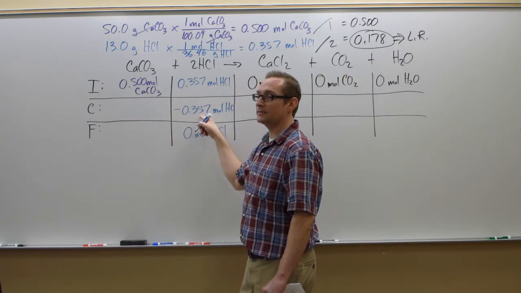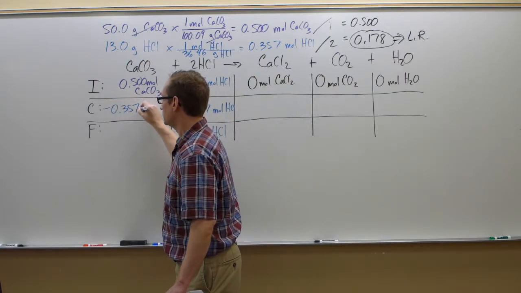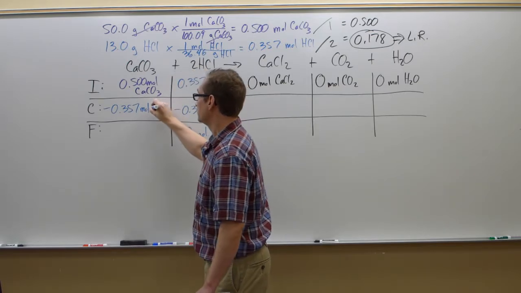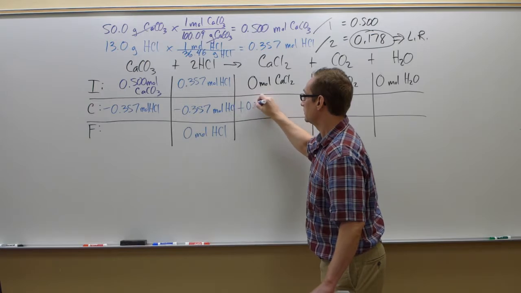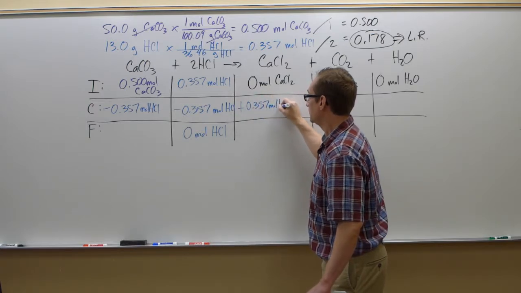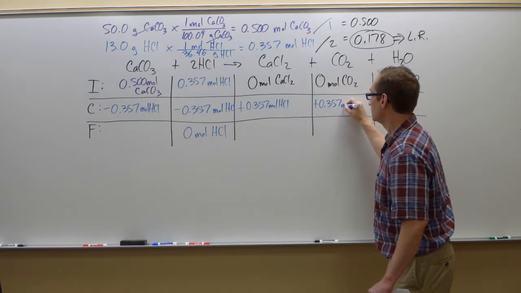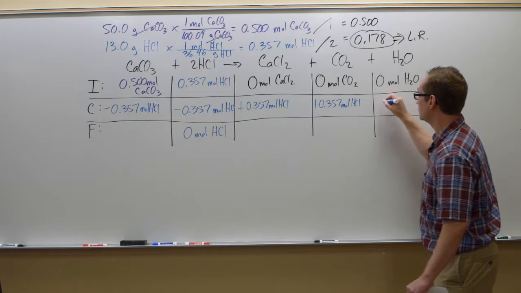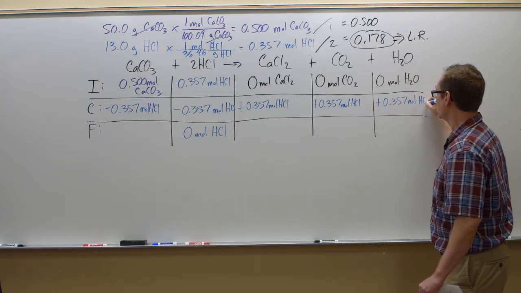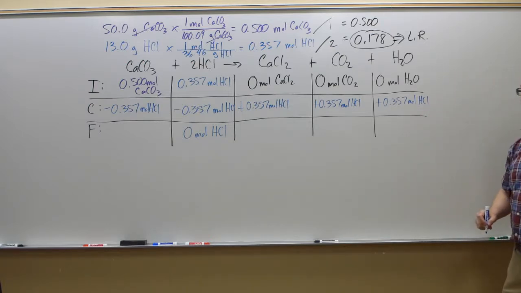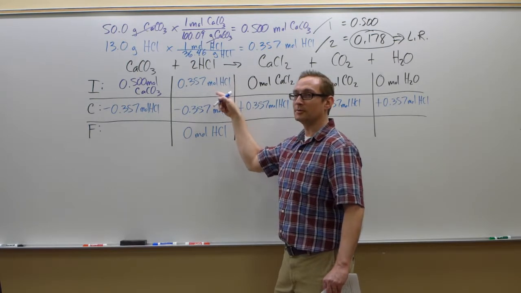So I'm going to take that 0.357 and put it in all the other columns. Notice I'm using blue because it's all based on my initial moles of HCl.